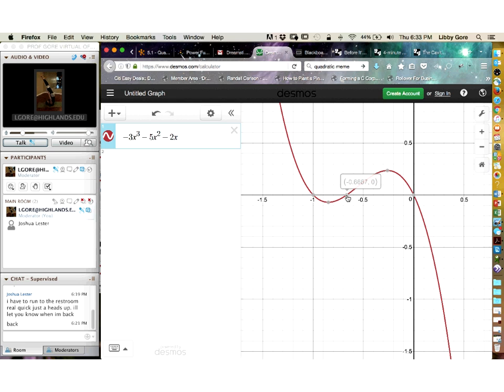We had negative 2/3, which is negative 0.666, and so on, and we had a negative 1. So even though there were 3 factors, that's still exactly where that graph crosses the x-axis.